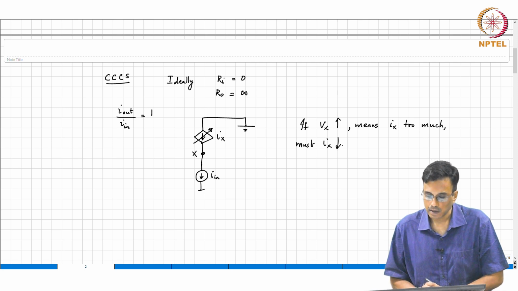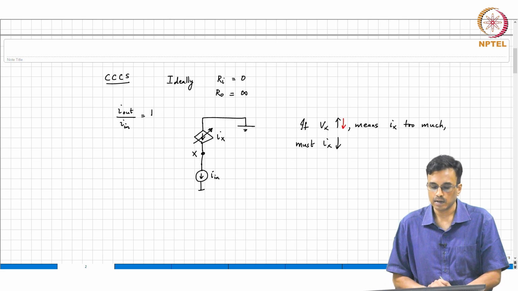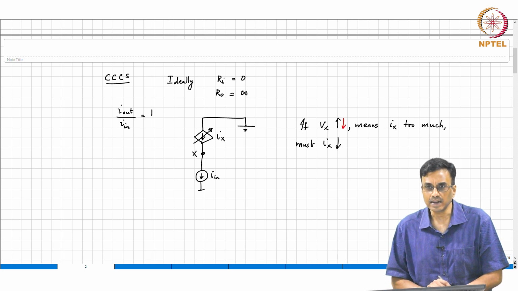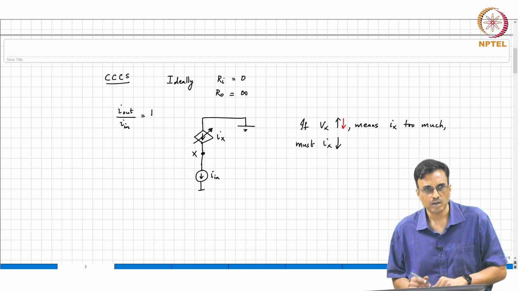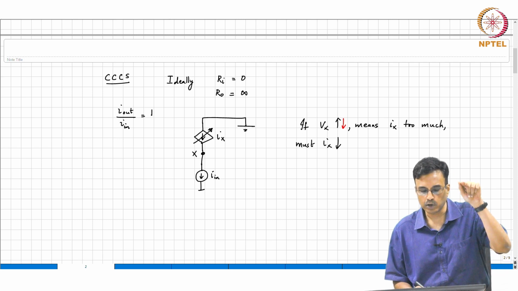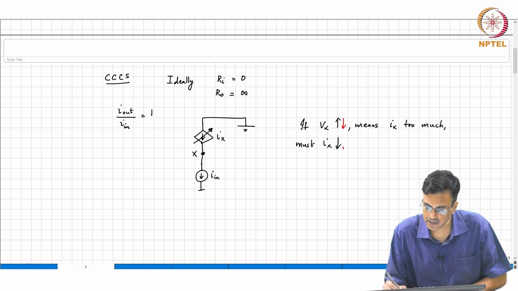And on the other hand, if Vx is going down, it means that the current pumped into the node is too little compared to the current that is being pulled out, or the charge being pushed into the node is smaller than the charge that is being pulled out of the node. As a result, the potential of the node reduces. So, if Vx is falling, it means that I in is too much, or in other words, Ix is too little, and therefore, Ix must be increased.